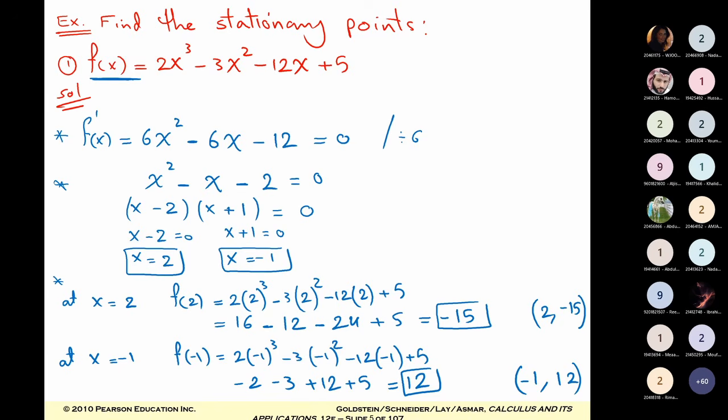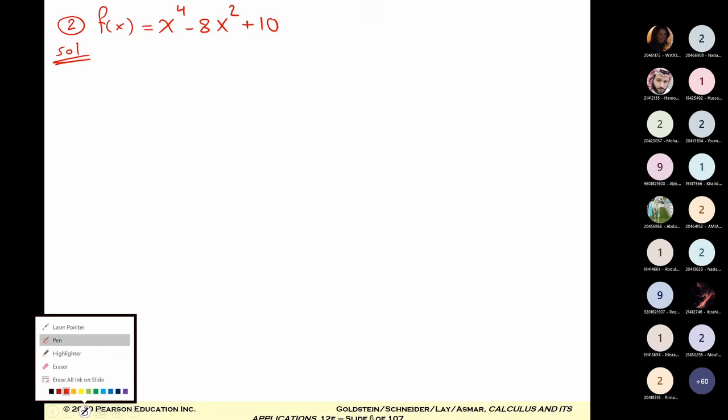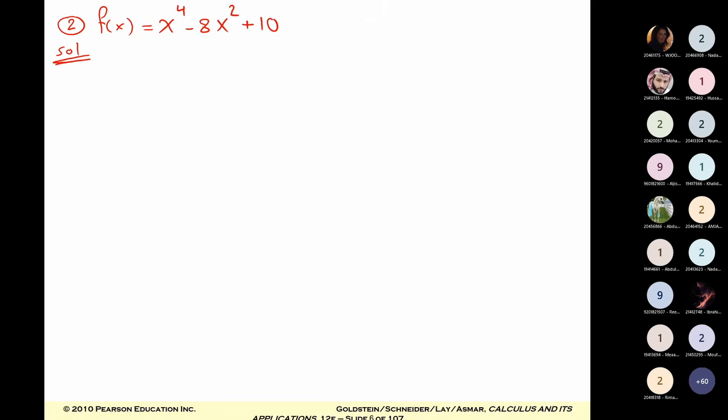Another example. Number 2, f of x equal x to the power 4 minus 8x squared plus 10. To find the stationary point, we must first find f prime.